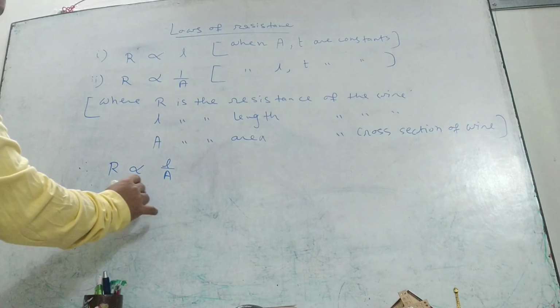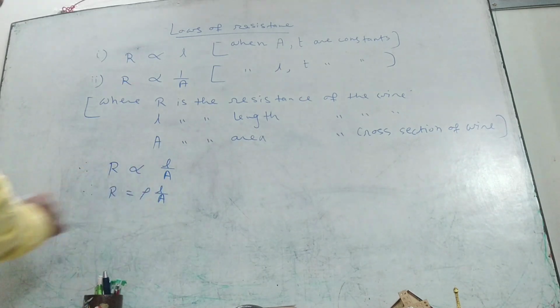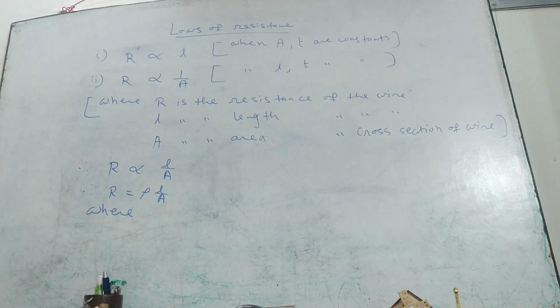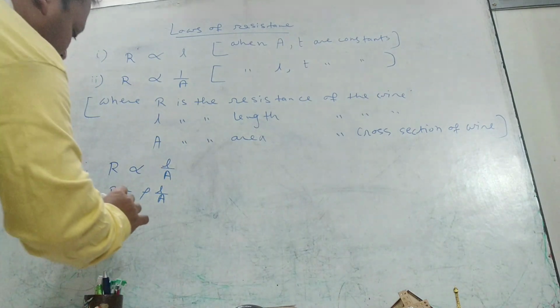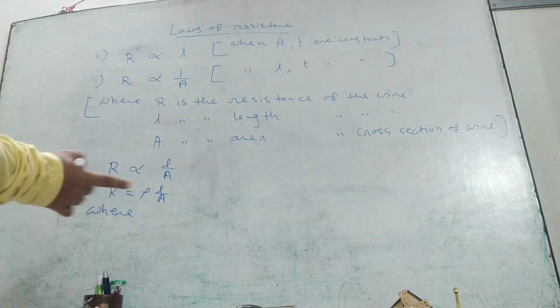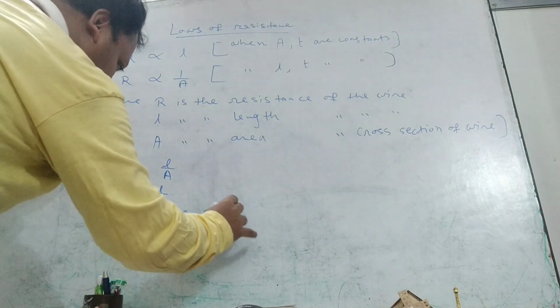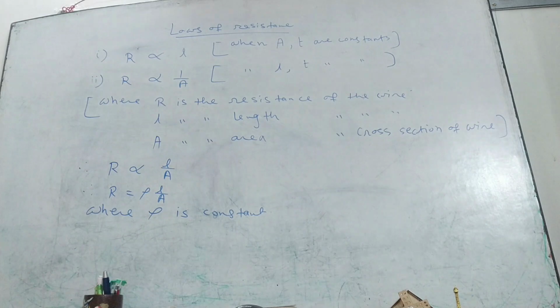Therefore, R is equal to rho into L by A, where rho is a proportionality constant known as the resistivity of the material of the wire.